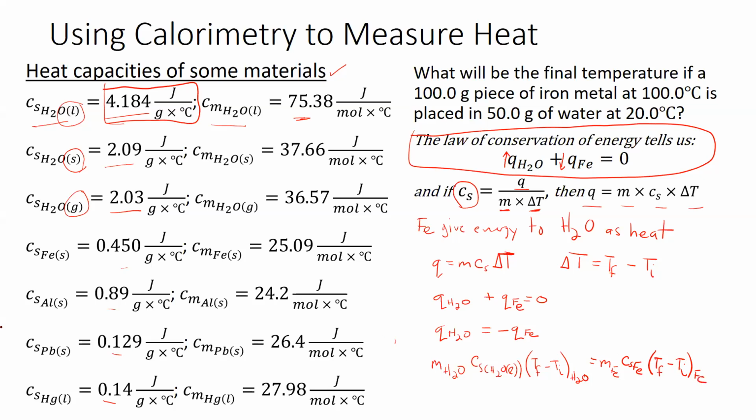But the other thing we can do here is see what two things are the same. In this case, the final temperature of the water and the final temperature of the iron are going to be the same, because it's all in the same insulated container.